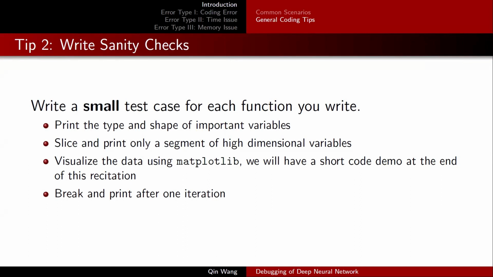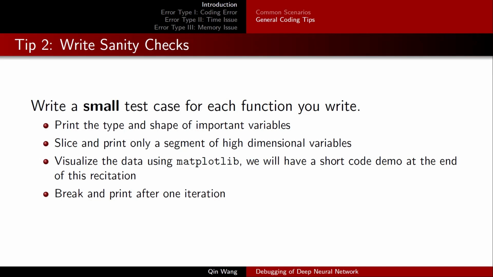When writing a sanity check for your function, the first thing you should do is to print the type and shape of important variables. Unlike debugging LeetCode problems, in which you can print the whole variable, the variables in deep learning models are often high-dimensional arrays and too big for human inspection. So we first check if they are in the right shape.